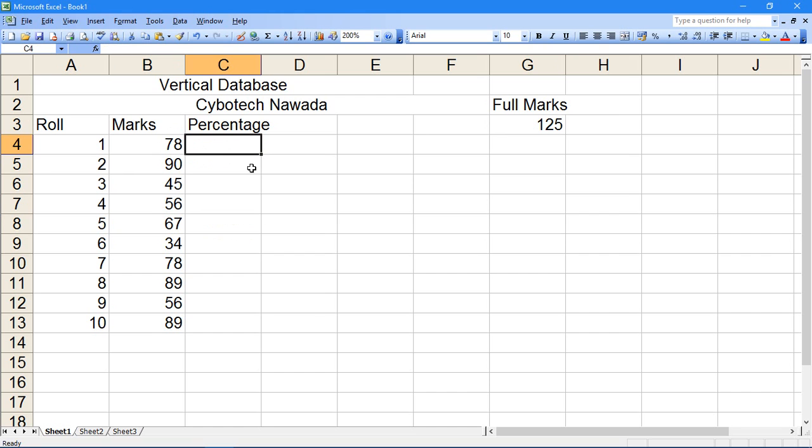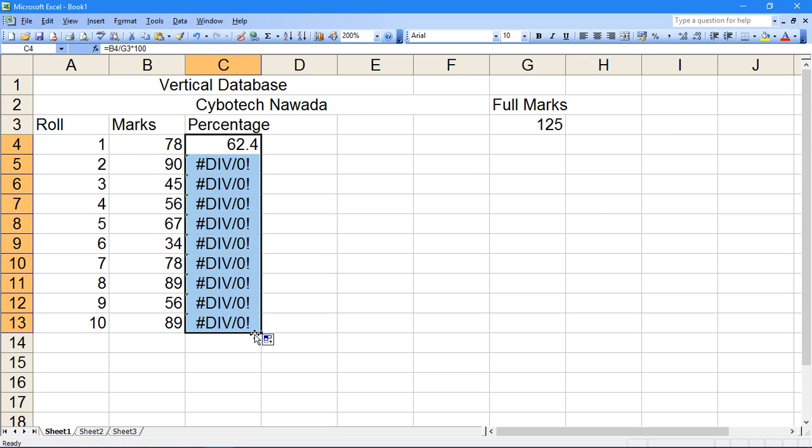The formula is equals B3 divided by G3, because in G3 the full marks is written, into 100. Now this is the correct percentage, but if we copy it downwards, what happens?